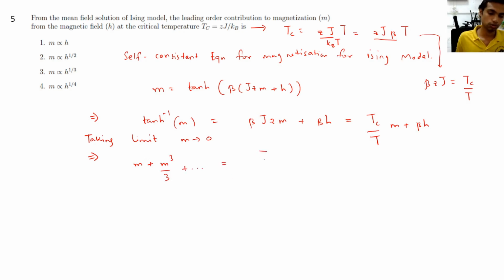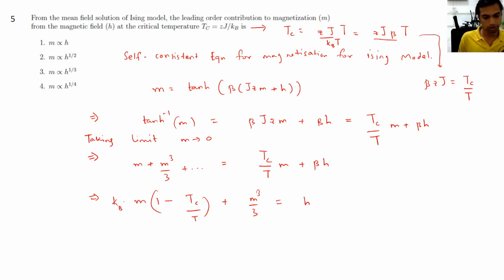This is equal to Tc over T into m plus beta h. Now the linear term in m we can take together: m(1 minus Tc over T) plus m cube by 3 is equal to beta h. So h will be, and here we will multiply by kBT.